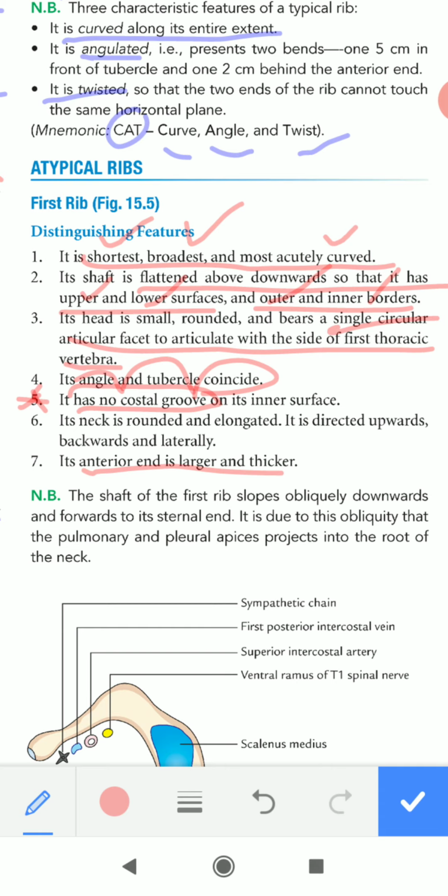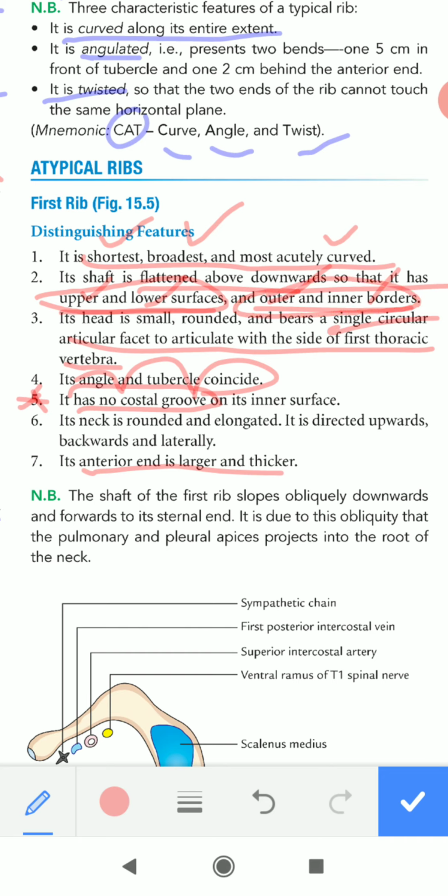In the typical ribs we saw upper and lower borders and outer and inner surfaces, but in the first rib, as it is flattened from above downwards, it has upper and lower surfaces and outer and inner borders.